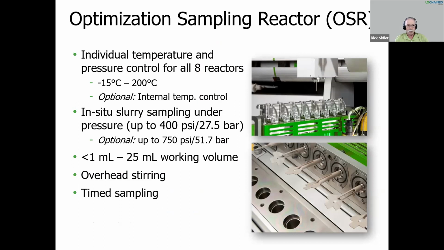And it covers a wide range of reaction volumes, anywhere from about 0.6 milliliters all the way up to a 25 milliliter working volume. Importantly, the reactions have overhead stirring and the ability to sample, to take samples into or out of the reactions during the course of the reaction without interrupting the pressure of the reaction environment.